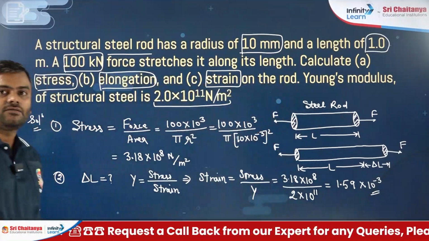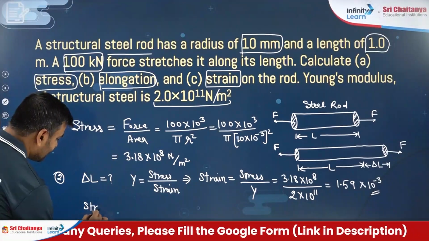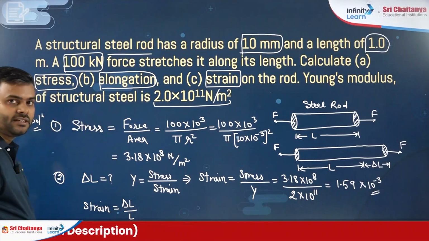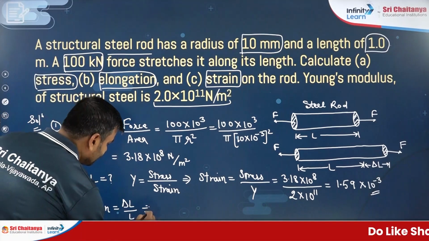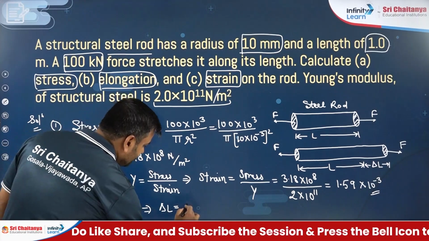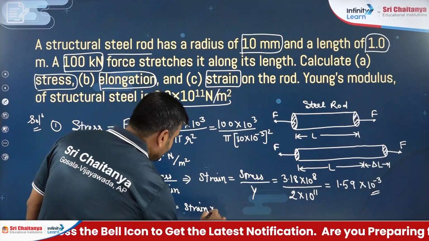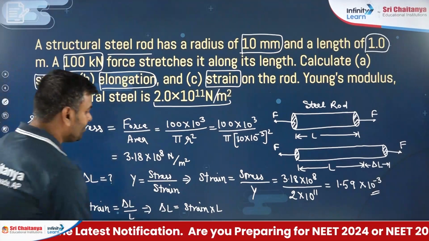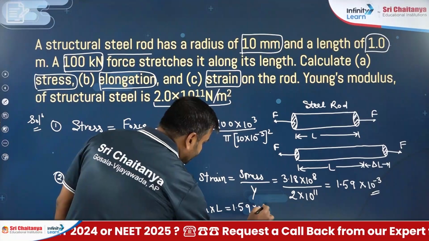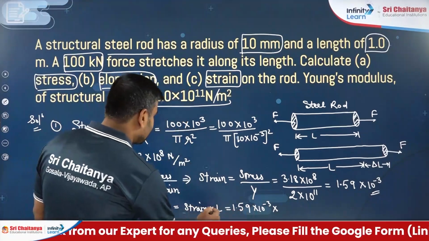And now finally we can calculate delta L, because we have the strain. Strain is basically equal to delta L by L, so delta L will be equal to strain into its length. The strain value is 1.59 into 10 to the power minus 3, times the length.